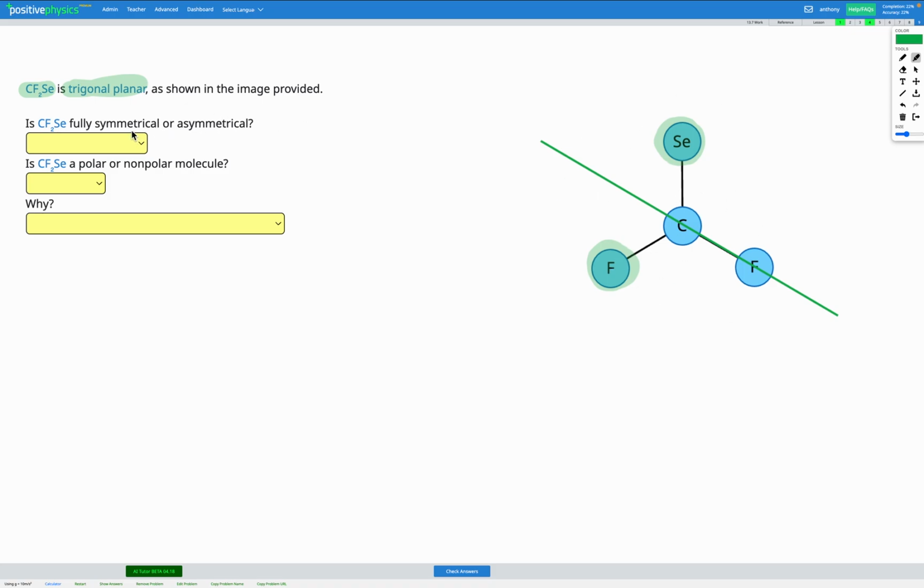In order for it to be fully symmetrical, all our outer atoms have to be the same. If any of our outer atoms are different, it's going to be asymmetrical, even if the geometry looks symmetrical. So our answer is going to be asymmetrical for this one. And if something's asymmetrical, that means our dipole moments do not cancel each other out, and we're going to have a polar molecule.